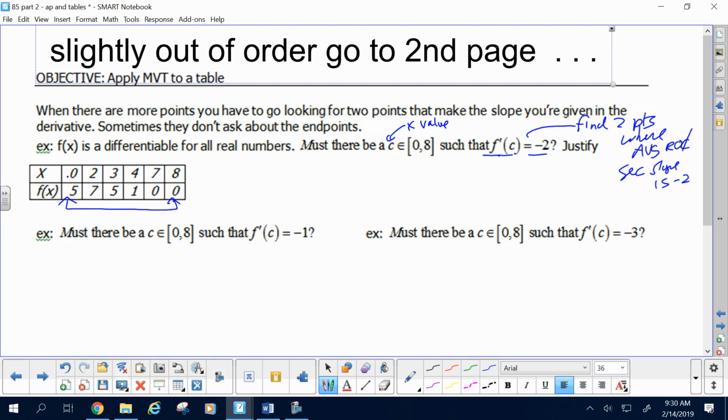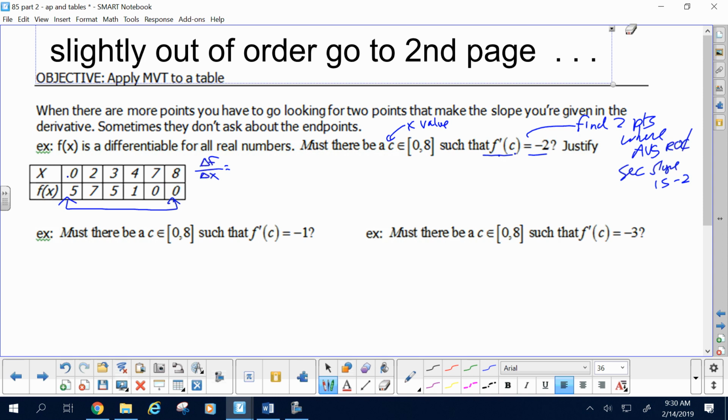But when I say the average rate of change, I'm talking change in F over change in X. And here, the change in F is down 5 over 8, yeah? So -5/8. It's not those points, obviously; the change over that is -5/8. So we're going to have to do a little more thinking.